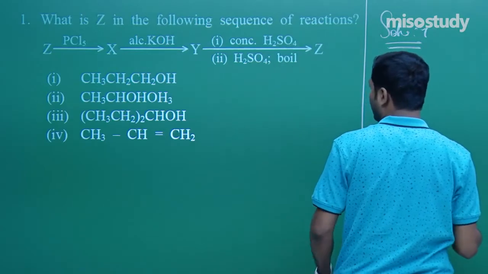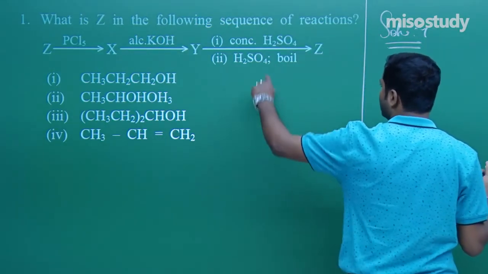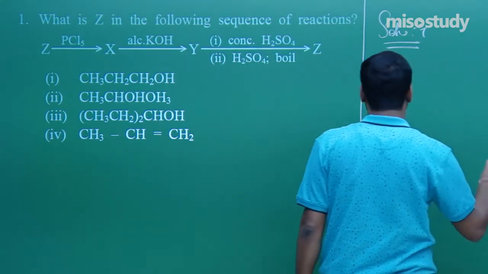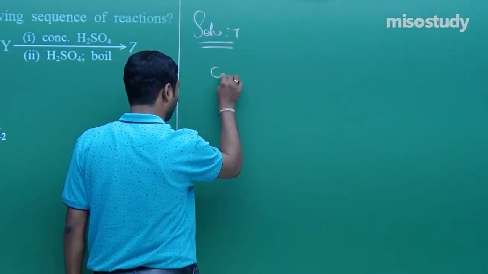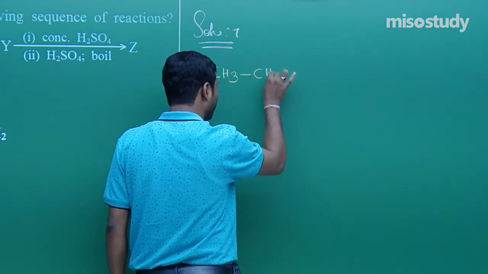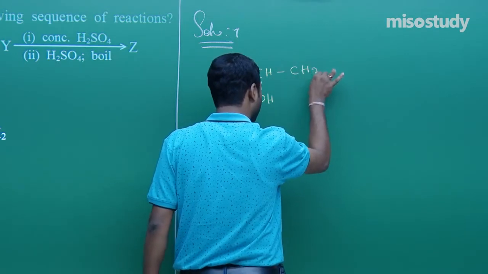That is Z with PCl5, X with alcoholic KOH and Y with concentrated H2SO4 again gives Z. Definitely, if I write here, look at 2 degree alcohol CH3 CHOH CH3, clear to you?